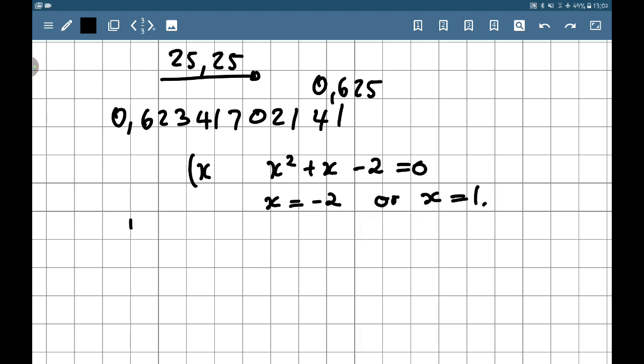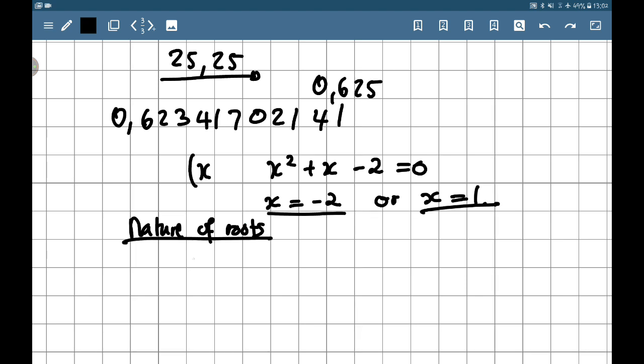If they say you must write the nature of roots of that expression, you have two solutions that are not equal. So you can say the roots are unequal. Are the roots rational? Yes. So you are going to say the roots are rational. Are the roots real? Yes. So the roots are real.